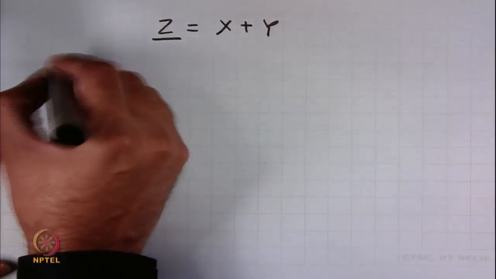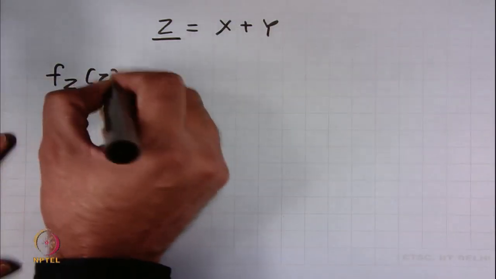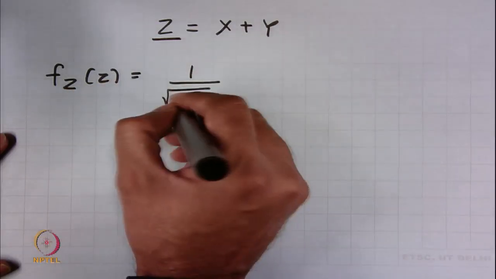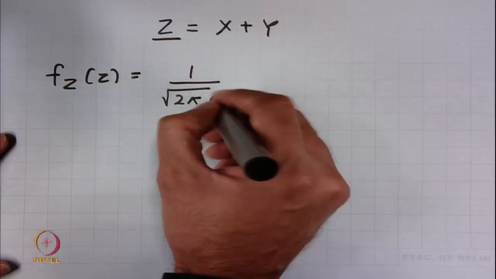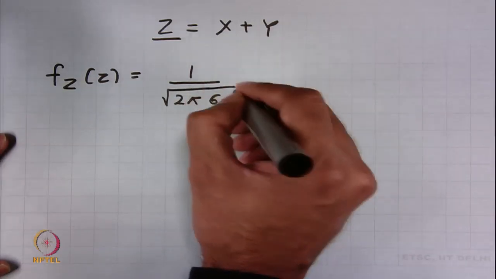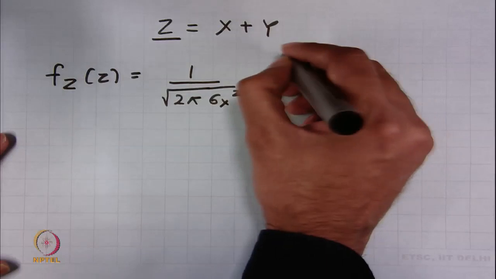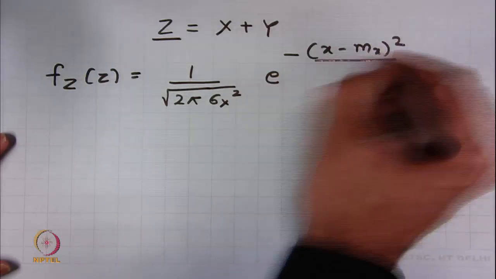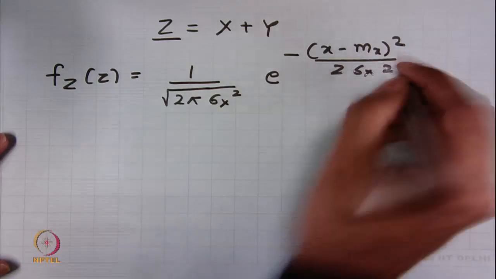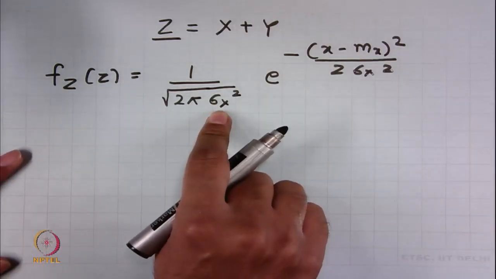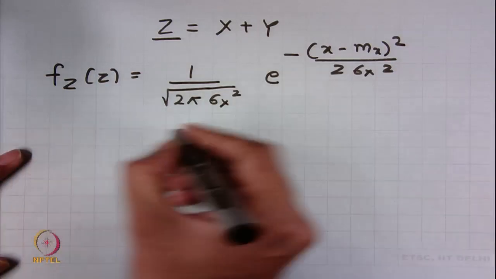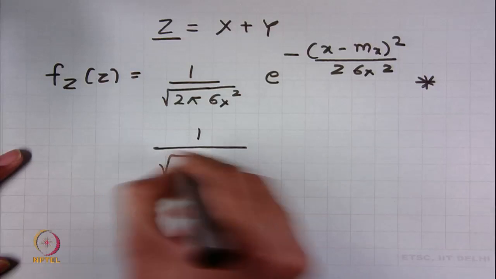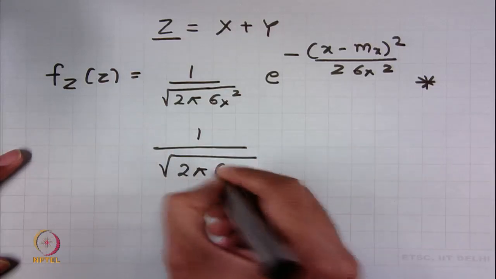I know that the probability density function of z would be nothing but the convolution of the probability density function of x, which if it is Gaussian would be like this, assuming the variance is sigma x square and mean is mx, convolution with the probability density function of y.